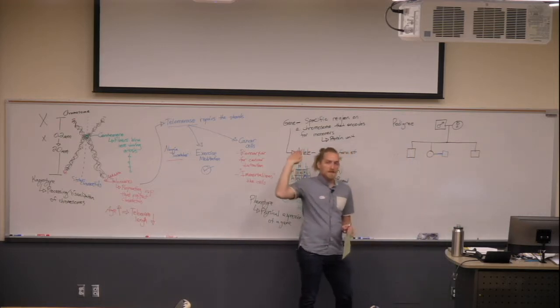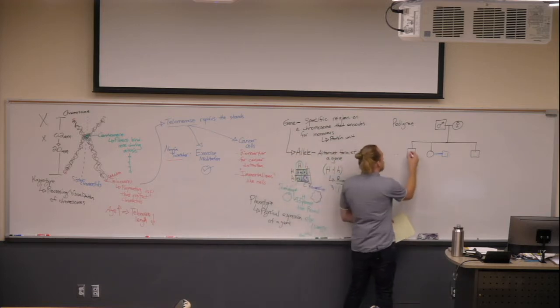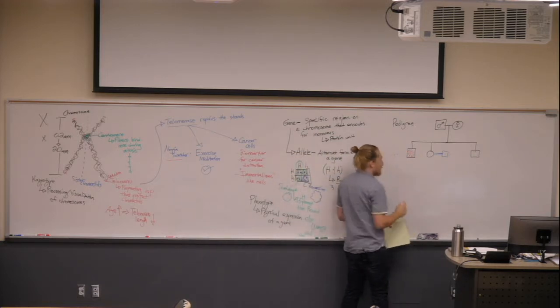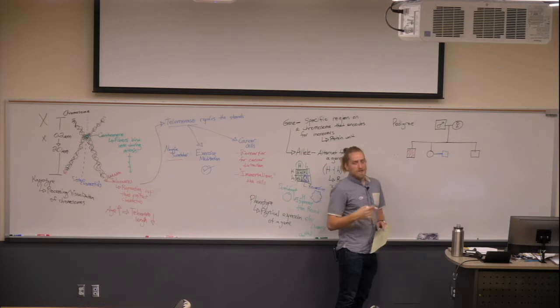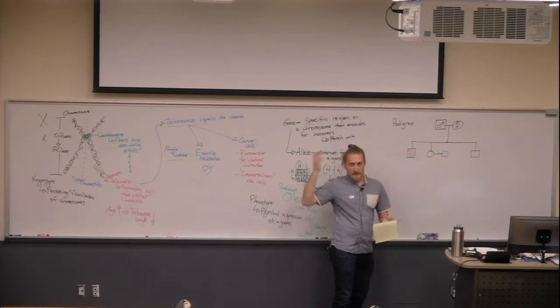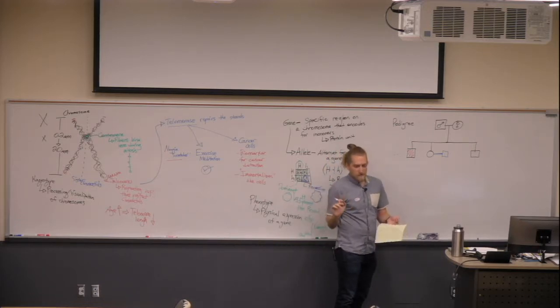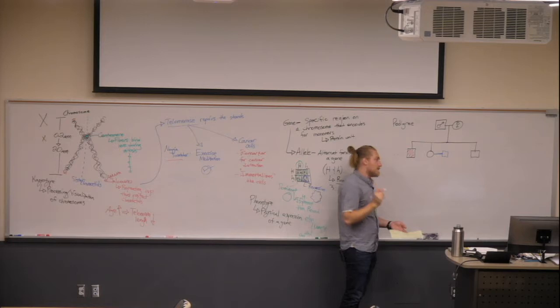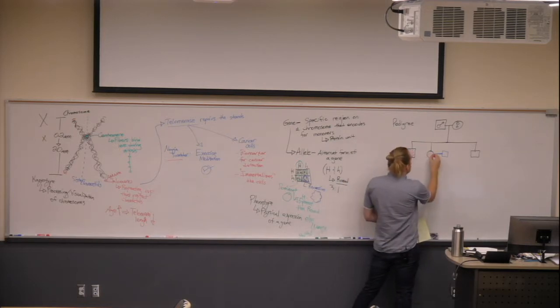I obviously have blonde hair, so I would shade in myself. In addition, my sister has blonde hair. Furthermore, we have the same hair. She's a little bit shorter than me, but we have the exact same doppelganger type hair.